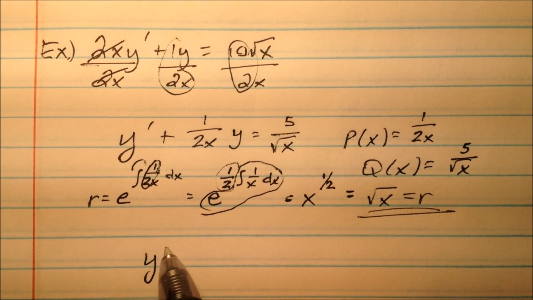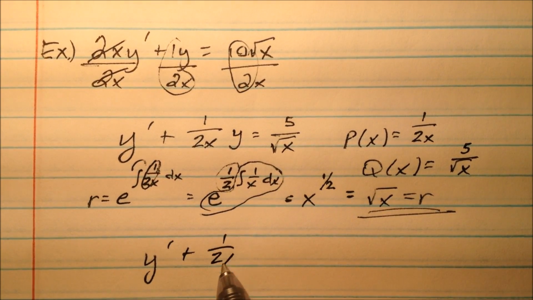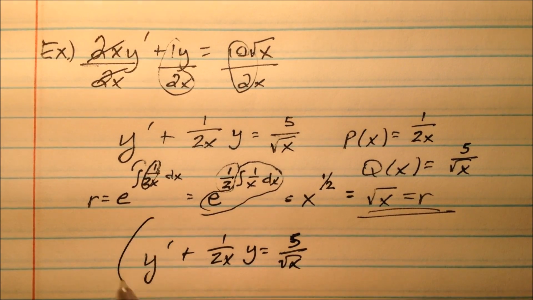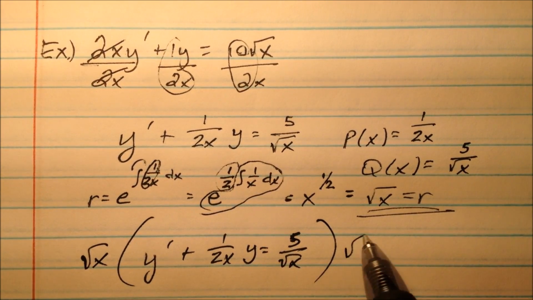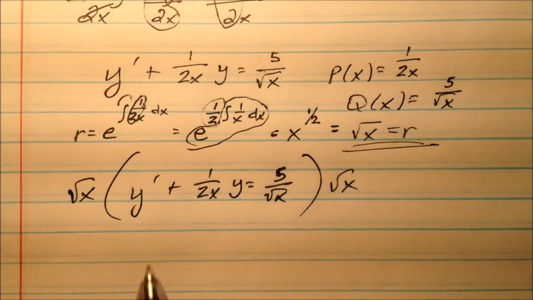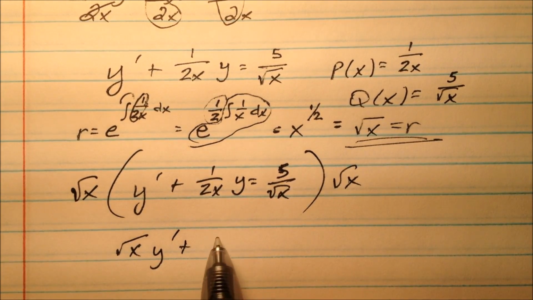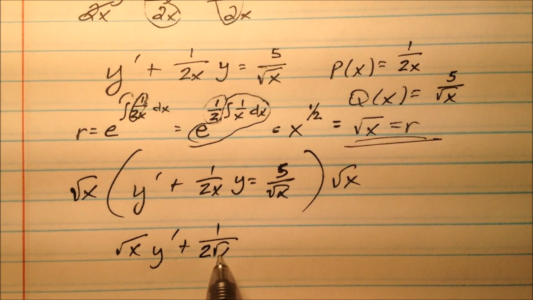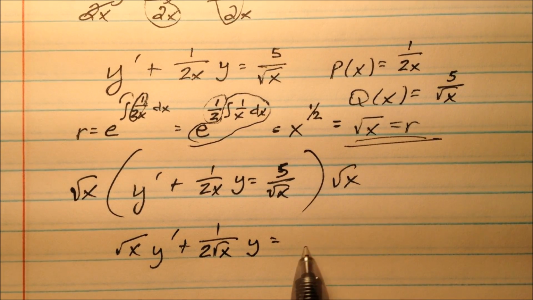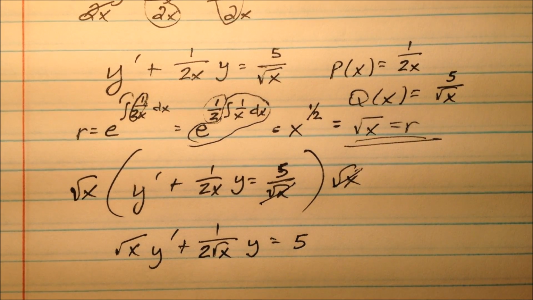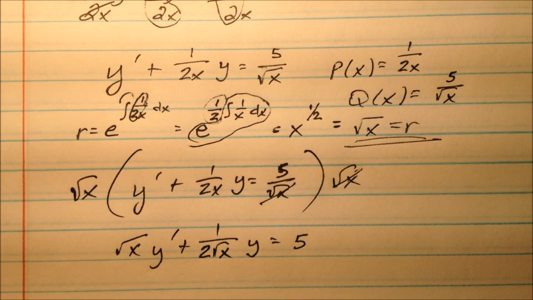Well, what's that mean? That means that if we rewrite everything real quick and then push through a radical x, we'll have the square root of x y prime plus 1 over 2 times the square root of x y equals, and then look, this is nice because the radical on bottom and the radical on top go away, and you just have 5.